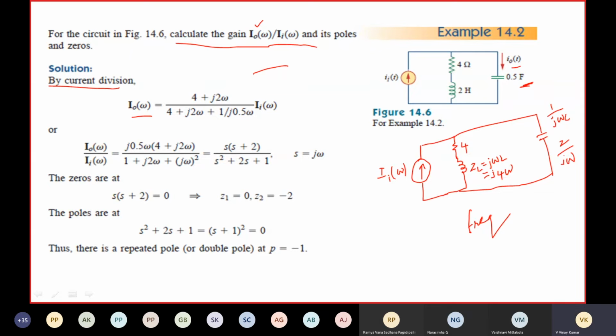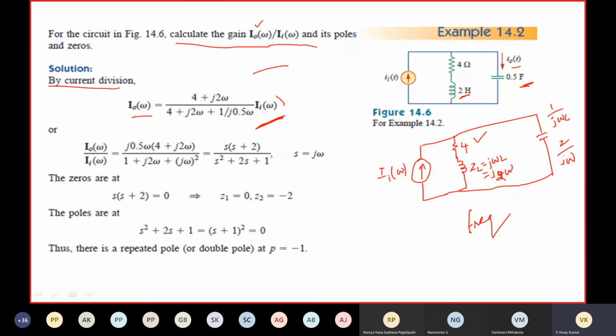So I naught of omega, the current flowing through the capacitance, is equal to the total current into the opposite impedance. What is the impedance of this branch? Sorry, L is equal to 2, right? So this will be j 2 omega.